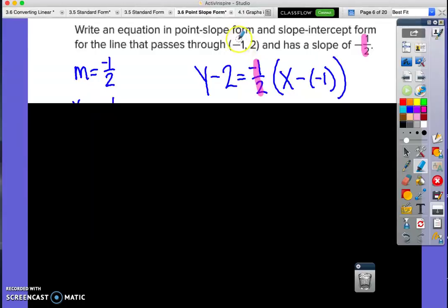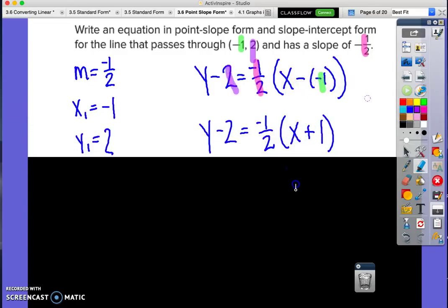I'll put -1 for my x, and then I'll put my y for my y right here. Here again, I will change this minus a negative to adding a positive. That's the only thing I'm going to change, and I'm going to leave it in this form. So you can pull out a point and the slope from this form, and you could graph that line.